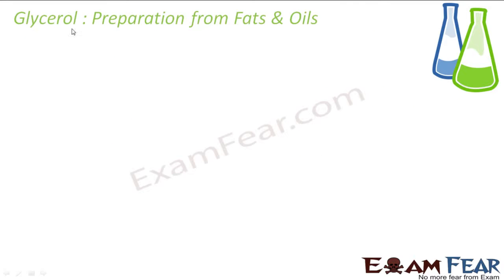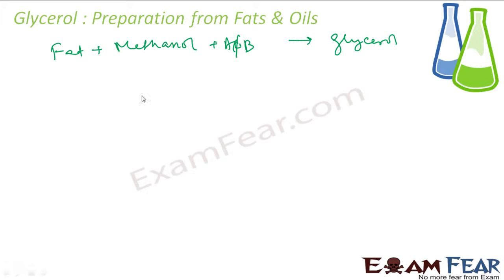There is one more third way to prepare glycerol from fat. You take fat and you take methanol, right? You take some acid or base, whatever you want, and you get glycerol. Example I can give you. I have CH2O, COOR, let everything be R actually.